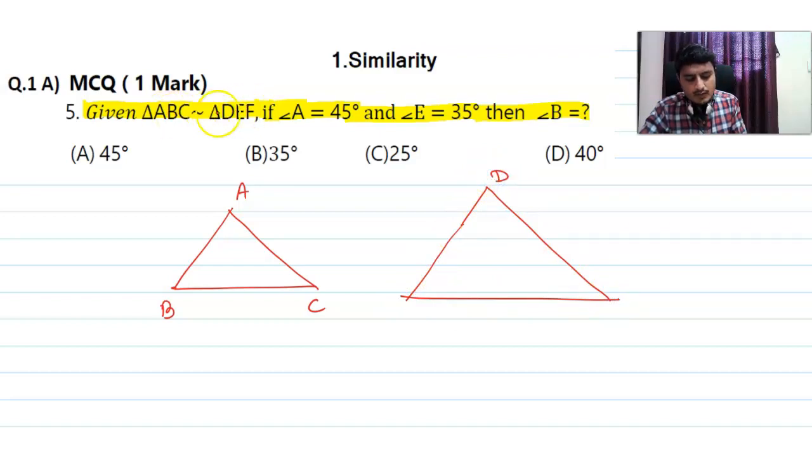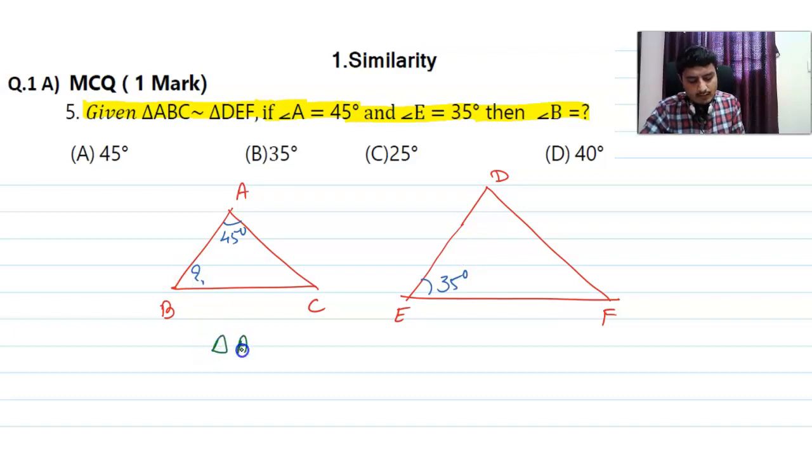Here A corresponds to D, B corresponds to E, C corresponds to F. Among them we are given angle A equals 45 degrees and angle E equals 35 degrees. We have to evaluate angle B.